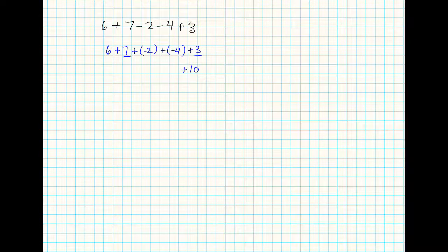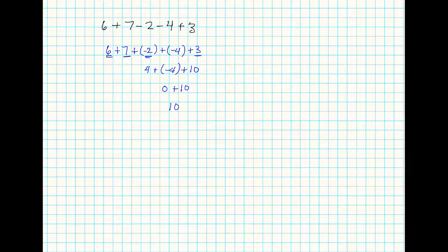And you might see 6 minus 2 and think, well, that feels good to me, so I'm going to do 6 minus 2 is 4, and then I have plus negative 4 plus 10. I know 4 plus negative 4 is 0, and so we have 10.